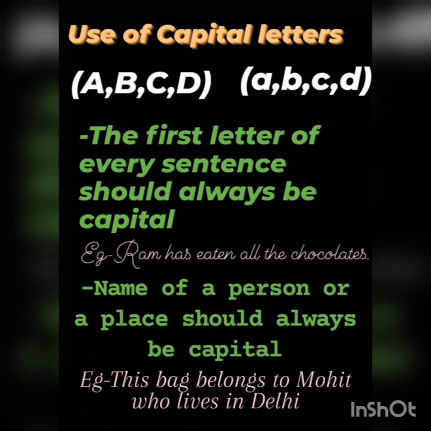Have a look at the example now. This bag belongs to Mohit who lives in Jaipur. The first letter is T, so the T should be capital. After that, M should be capital also because it is a name of a person. And then Jaipur. Jaipur's J should be capital because it is a name of a place.